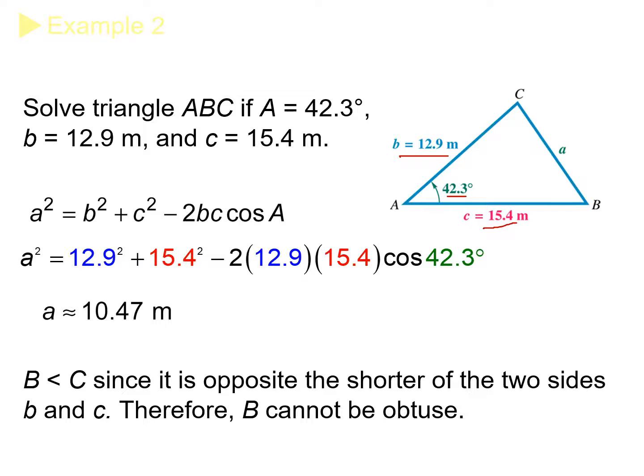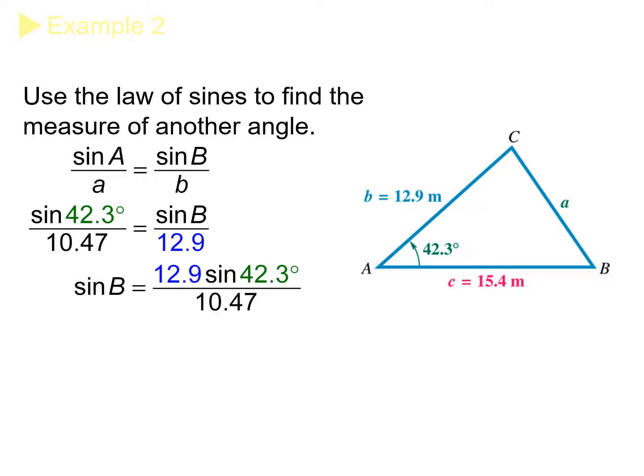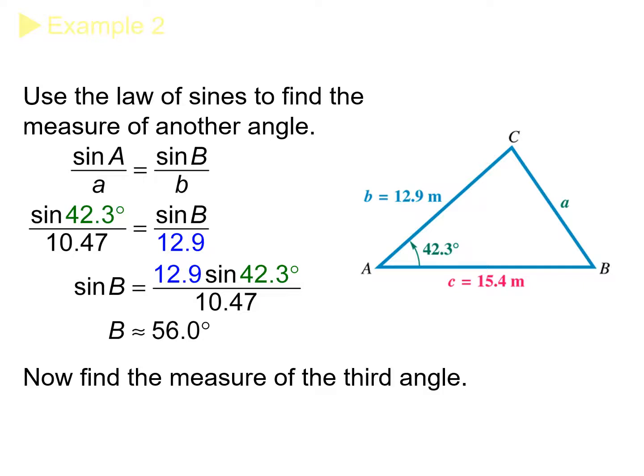Now, B is less than C since it's opposite the shorter of the two sides, b and c, so B cannot be obtuse. So let's use the law of sines to find the measure of the other angle. Sine of A over a is equal to sine of B over b. Substituting in our values and solving, I get B is about 56 degrees.